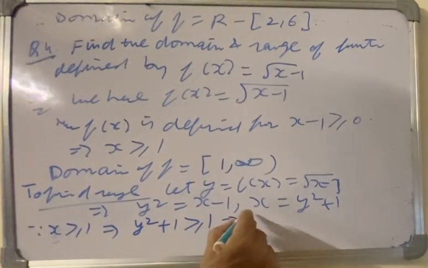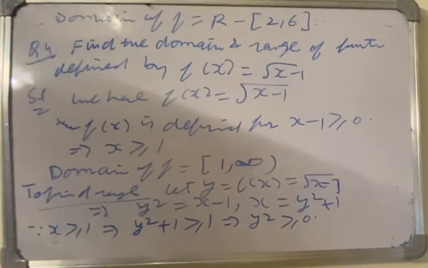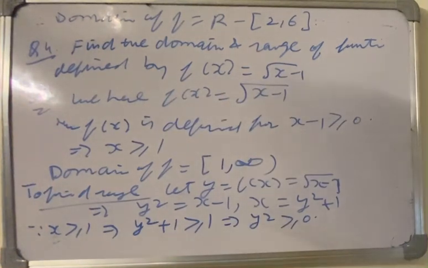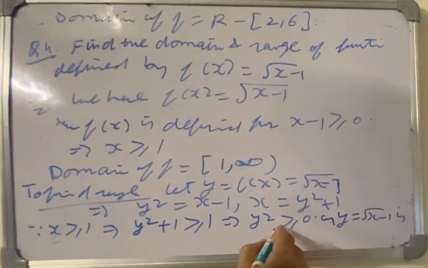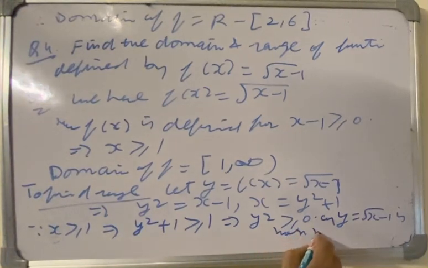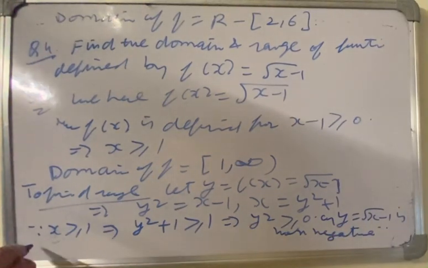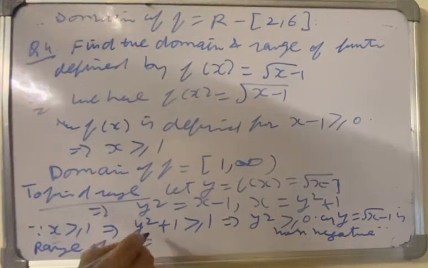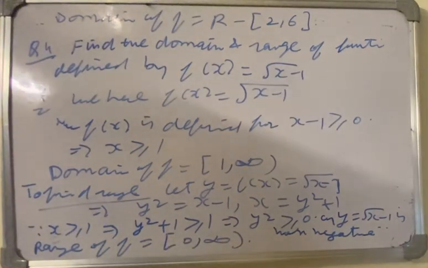That means y squared is greater than or equal to 0, as y is equal to the square root of (x minus 1), which is non-negative. Therefore, the range of f is the interval [0, infinity).